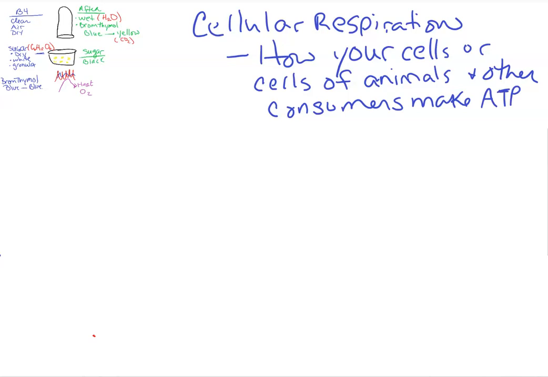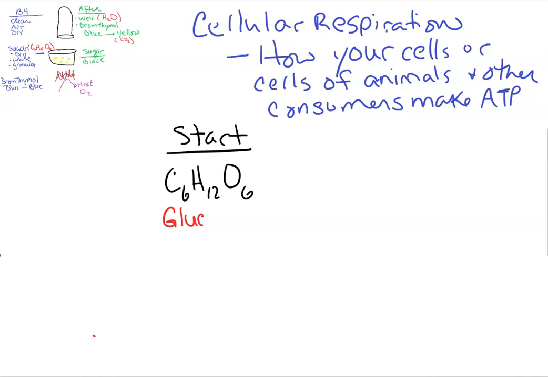What we see is that our starting material was glucose, C6H12O6. Now, glucose is the only molecule that our cells or consumer cells can use to produce this ATP energy.